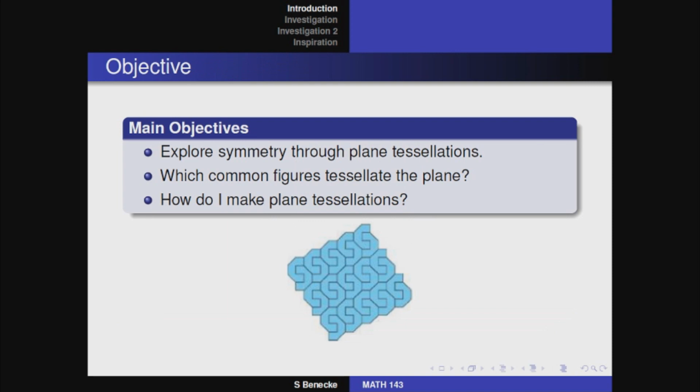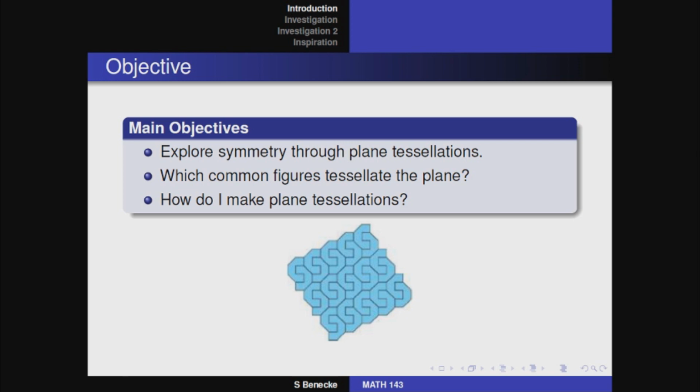So our main objective is to explore another kind of symmetry by way of these tessellations. Starting with simple figures. Yes, like in that diagram, I can have a more complicated kind of tessellation by making the shape more complicated. And there's really no end to what is possible.